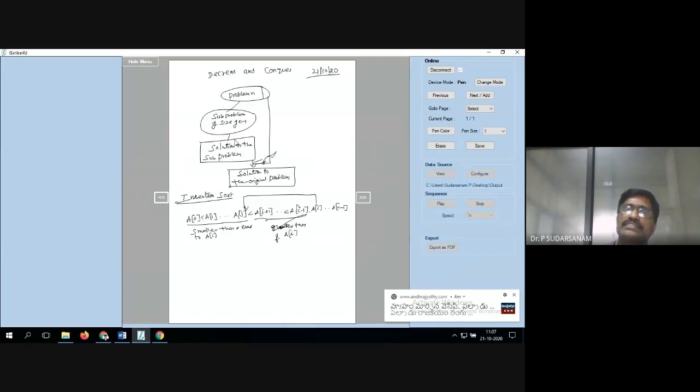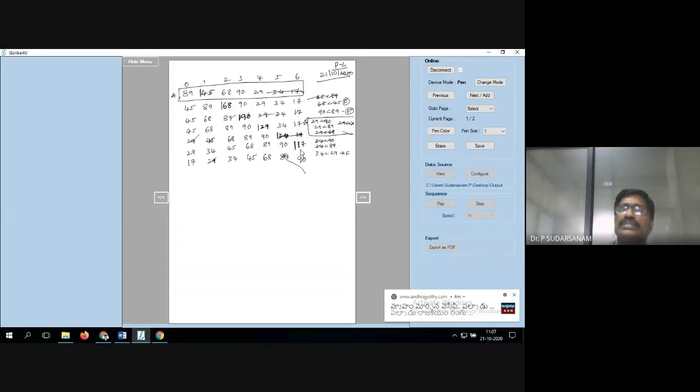Once you get this solution, you have to extend it based on this. That is what the arrow mark here means. That is what decrease and conquer is: you are decreasing the entire problem by one number, and based on that you are solving the problem.